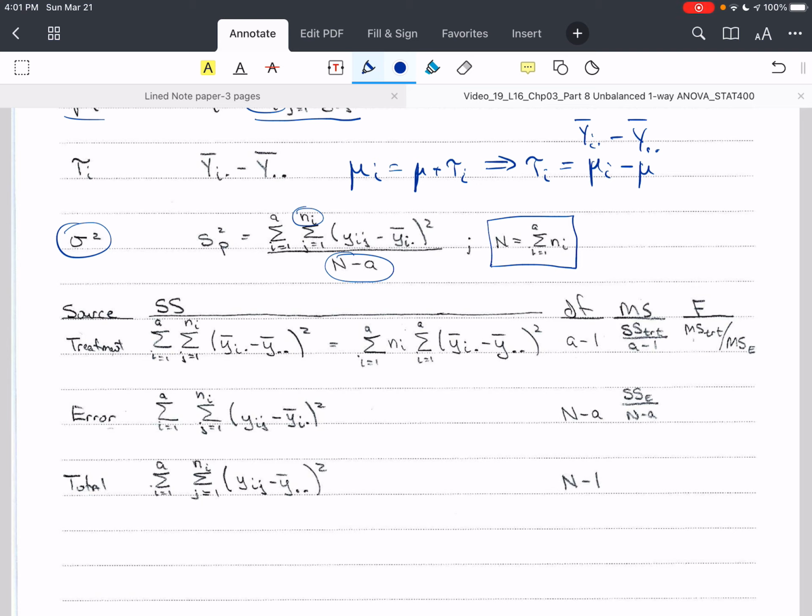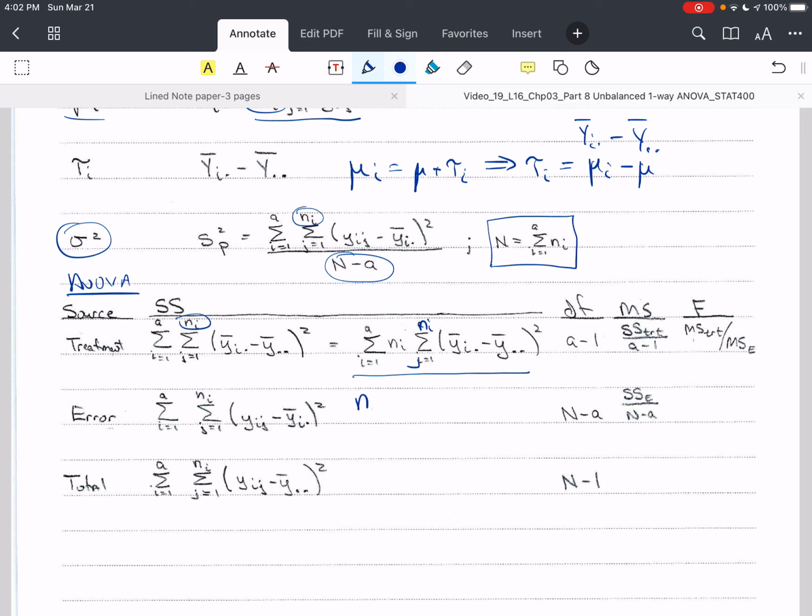Okay, then the ANOVA table is exactly the same, except that we have n sub i in the summation. So here we cannot reduce SS treatments to n times the sum from, and this is supposed to be j equals 1 to n_i, so that's a mistake. And so we can't reduce this.